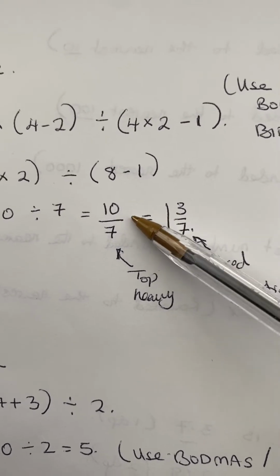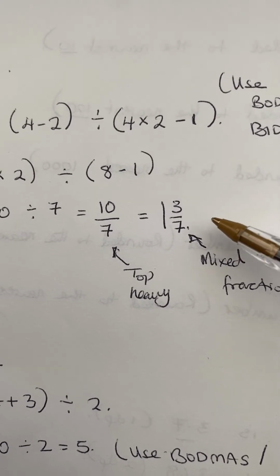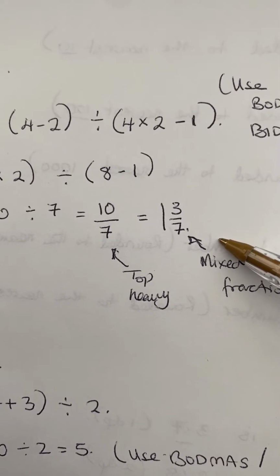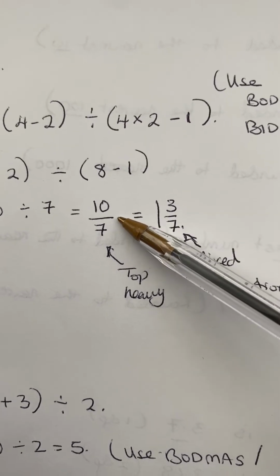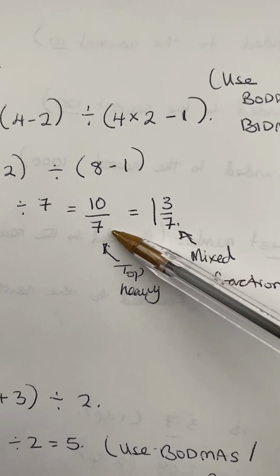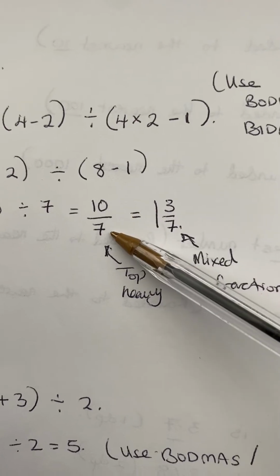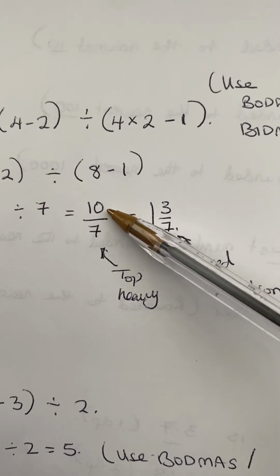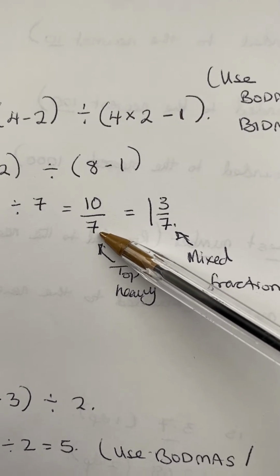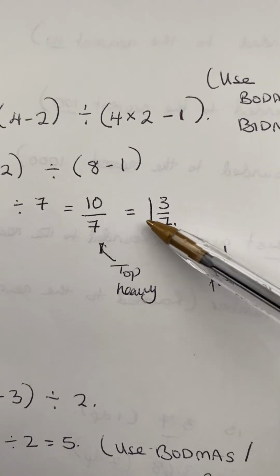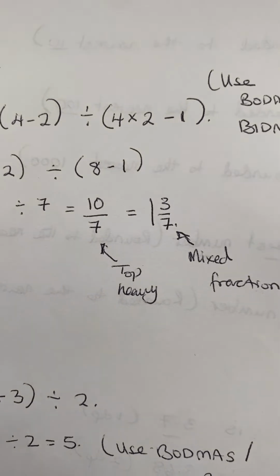But if they ask you to leave your answer as a mixed fraction, then you have to do that. If they ask you to leave your answer as a decimal and it's a calculator paper, then you put 10 divided by 7, and the calculator will give you some figures.